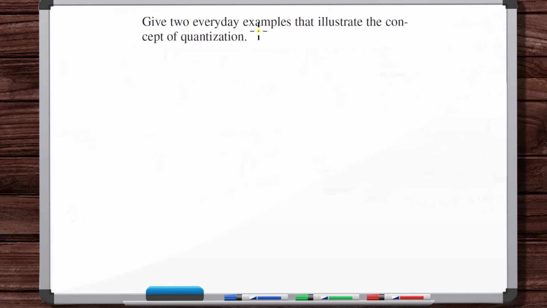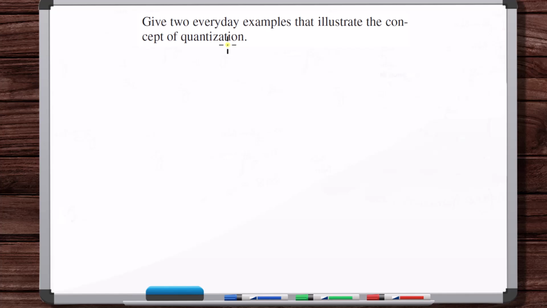Give two everyday examples that illustrate the concept of quantization. Yeah, so money is a good example. You can't have money that's a fraction of a penny. I think they've done away with the penny now? It's only a nickel now, maybe. But I can't give somebody half a penny in terms of money. It's quantized, right?